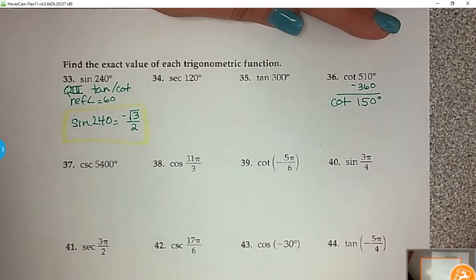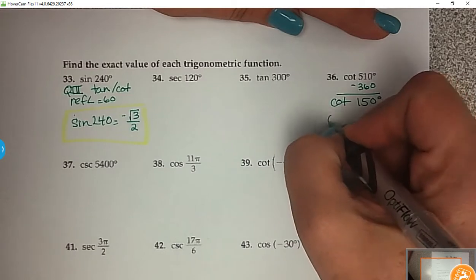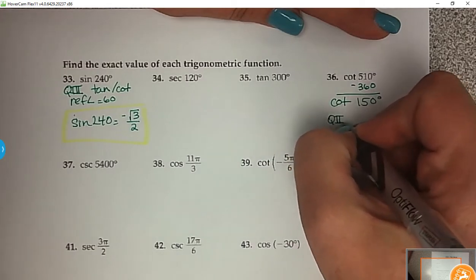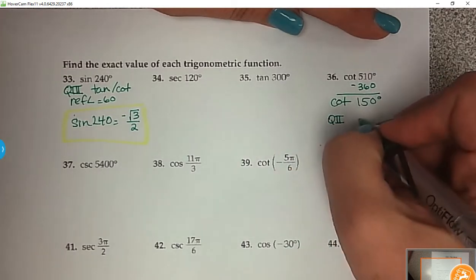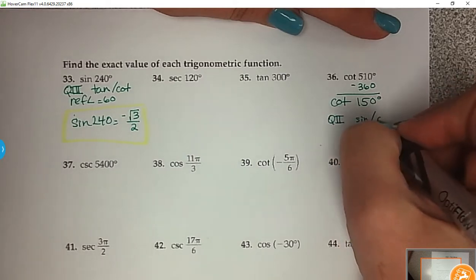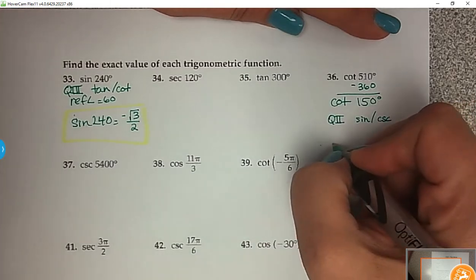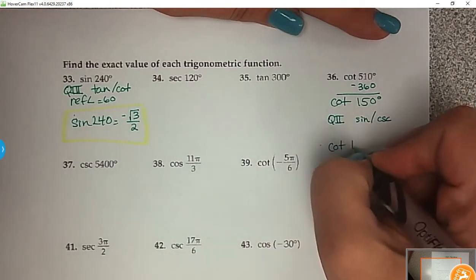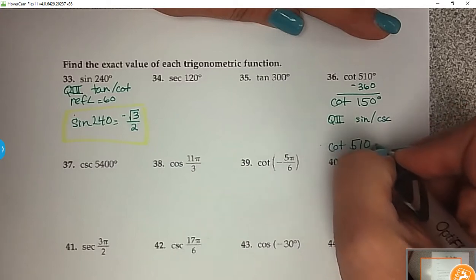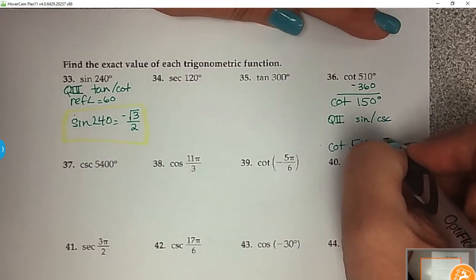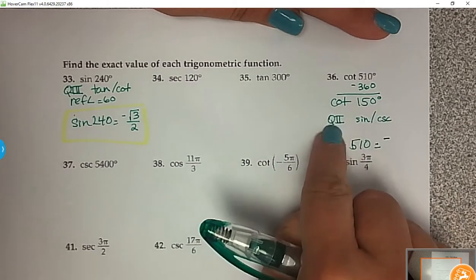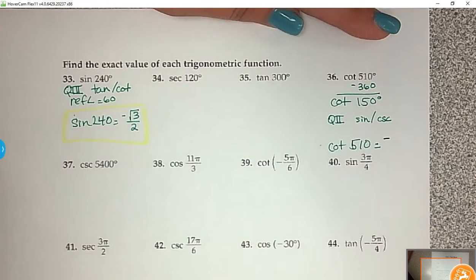Now, that happens to be in the second quadrant, and in quadrant 2, the sine and the cosecant are the ones that are positive. So I know that the cotangent of 510 is going to be a negative number, because in quadrant 2, my cotangent is negative.